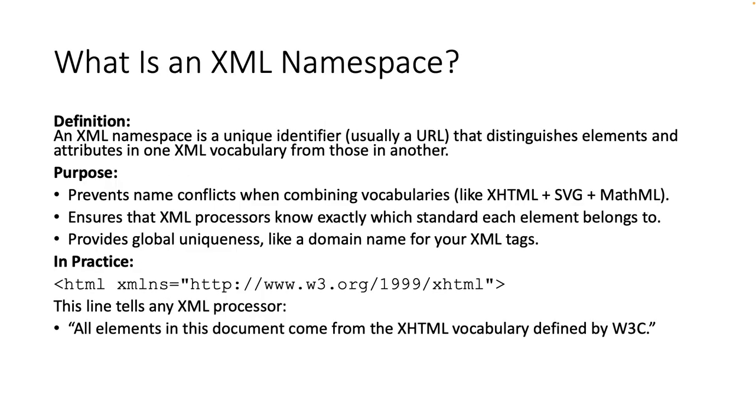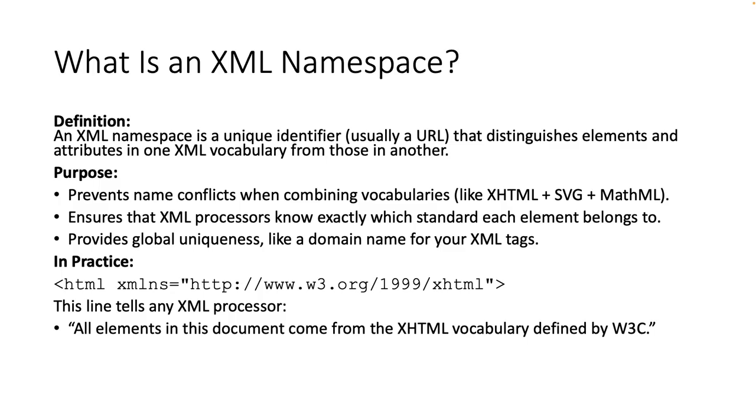Real quickly, a namespace is used as a unique identifier, usually a URL, as is the case in the example we just looked at, that distinguishes elements and attributes in one XML vocabulary from another. This prevents name conflicts when combining vocabularies like XHTML, SVG, MathML. It ensures that XML processors know exactly which standard each element belongs to.